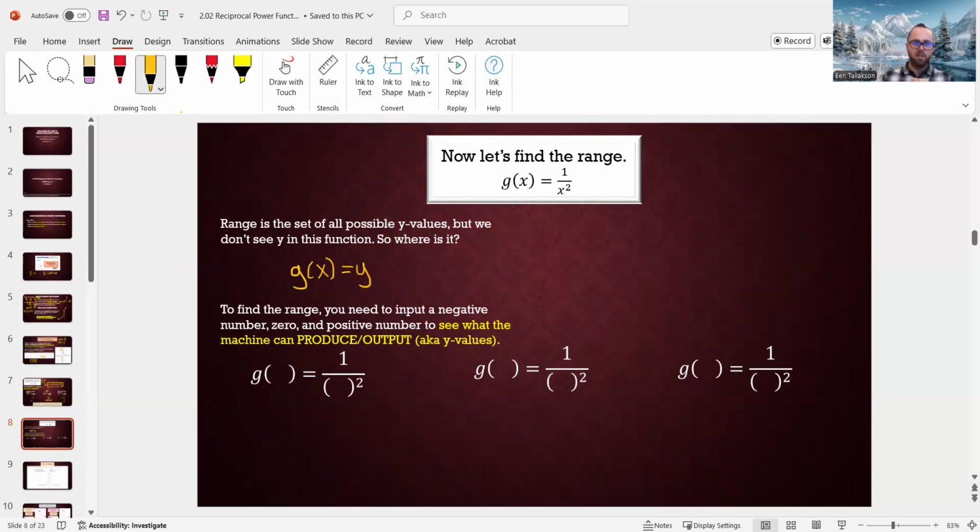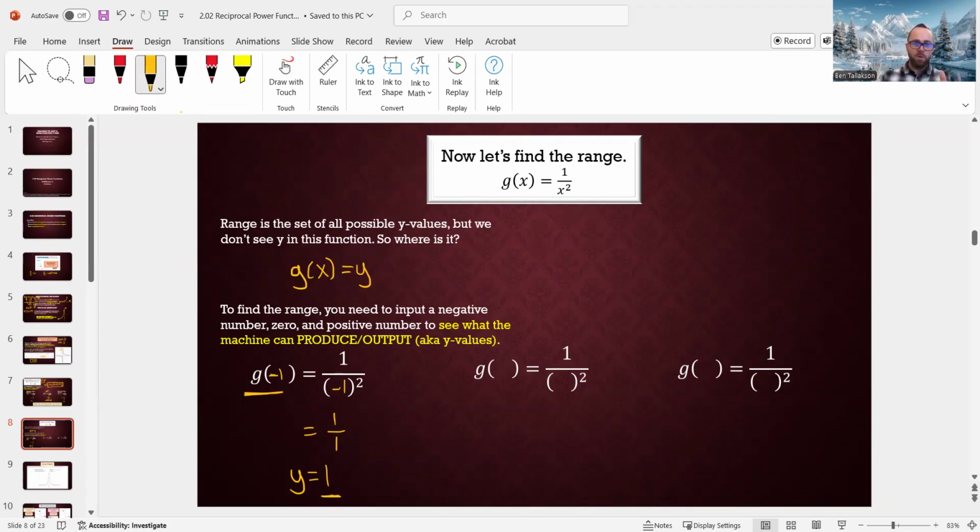So let's do that. Let's put in a negative value. We already did this before. We know this gave us 1 over 1, which is positive 1. Okay, so it's all about what we get out, right? So g of, in this case, negative 1 is the same as y. So can y be a positive number?